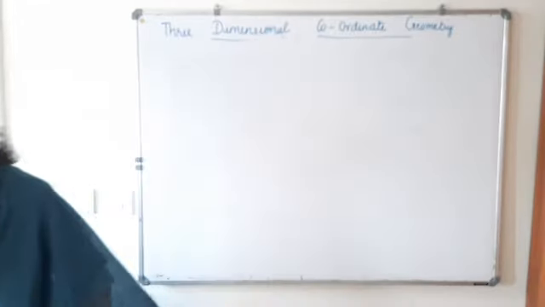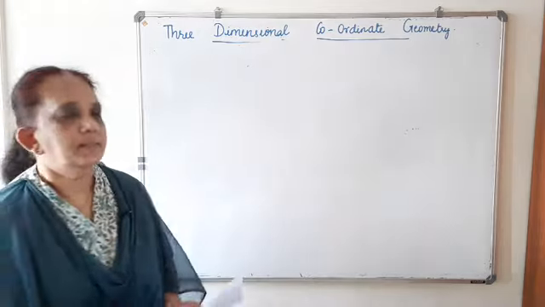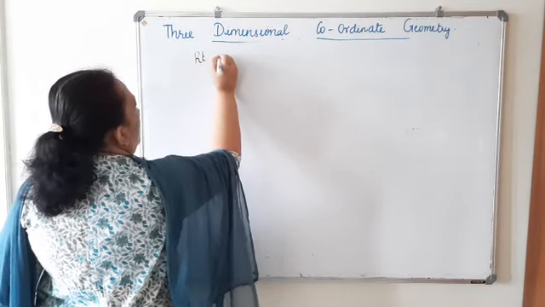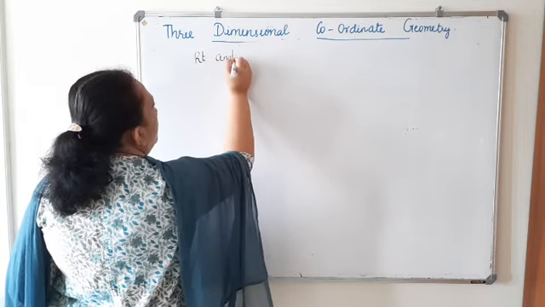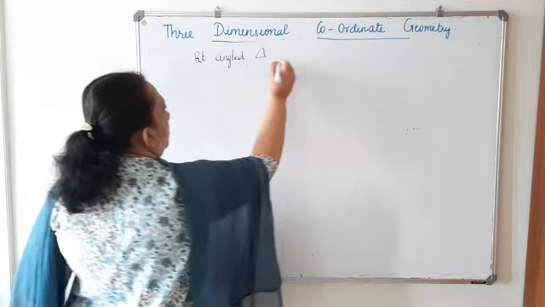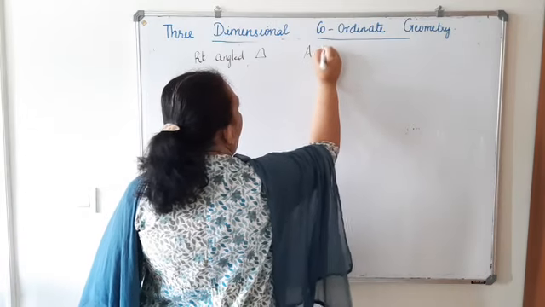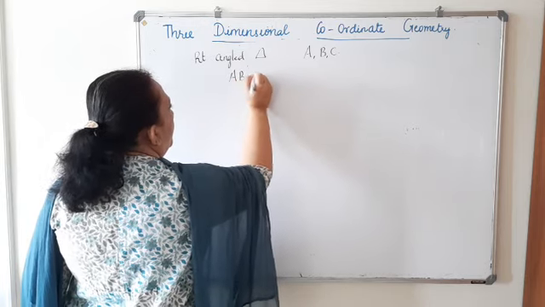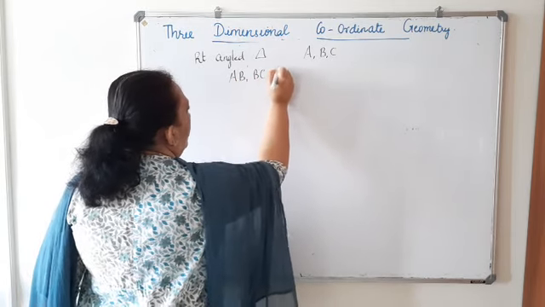Now, suppose if you want to show that the triangle is a right-angled triangle, suppose the vertices are A, B and C. Find out the length of AB, BC and AC.